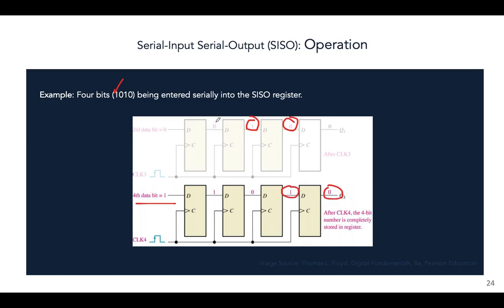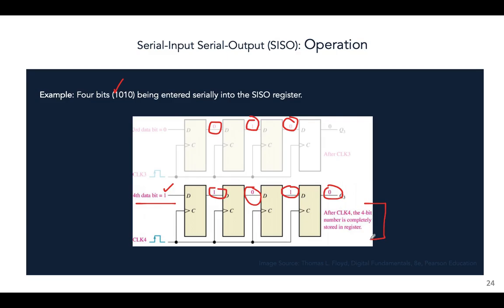Previously, the second flip-flop had gotten bit 0, so its output is bit 0. And after the application of the fourth clock pulse, data bit 1 came into the first flip-flop, so that's why its output is 1. So after the application of the fourth clock pulse, a 4-bit number is completely stored in the register.